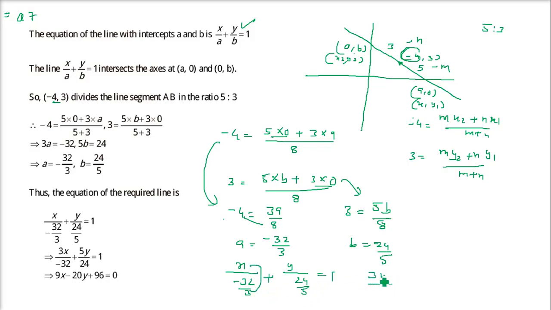So minus 3x by 32 plus 5y by 24 equals 1. Multiply every element by 96, because 96 is the LCM of 32 and 24, and you are going to get 9x minus 20y plus 96 equals 0. This is the final equation.